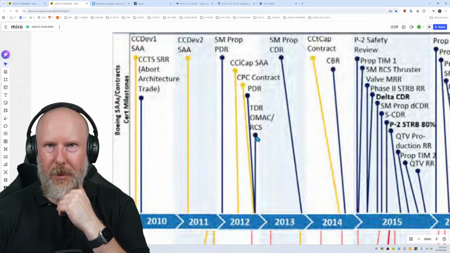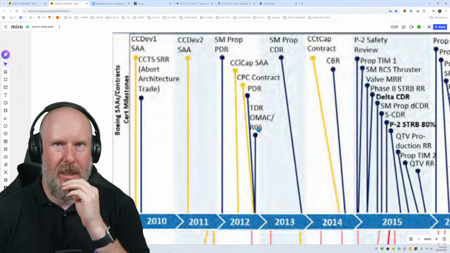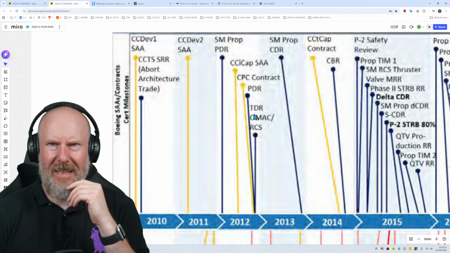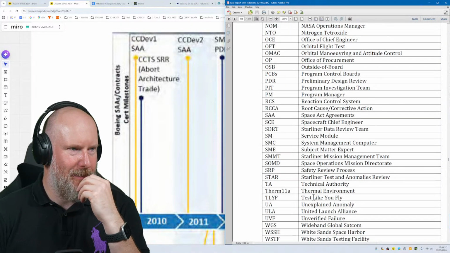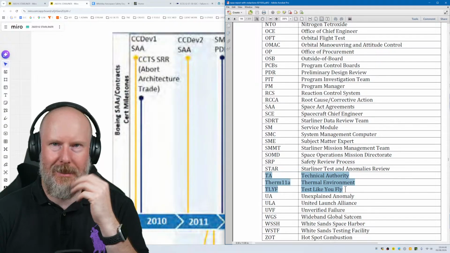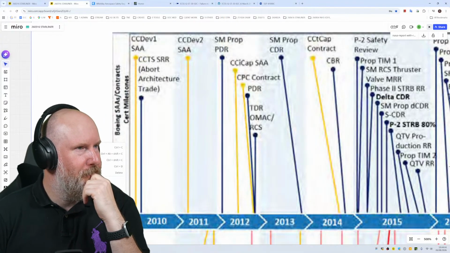Oh, there's the other propulsion RCS stuff. So the OMAC, orbital maneuvering and attitude control, reaction control system, TDR, technical design review, is that? What's a TDR? Come on, what's the acronym list say? Of course, it's not in the acronym list. Anyway.